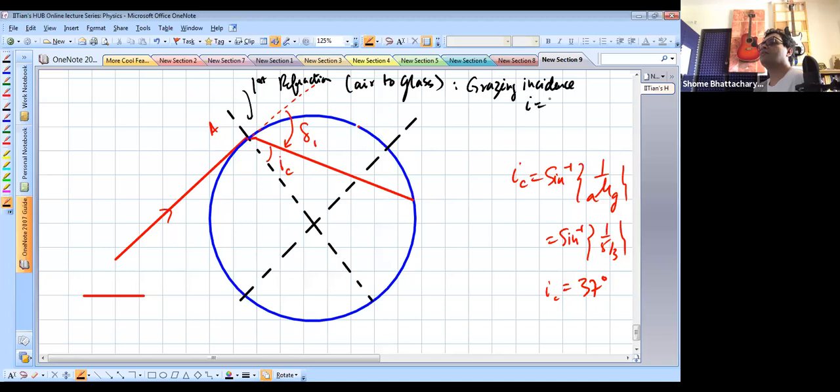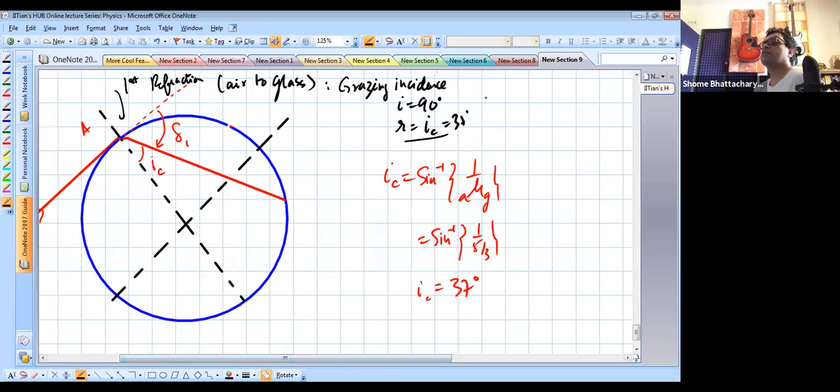So i is equal to 90 degrees, so r is equal to the critical angle. As a result, the deviation that is happening here, delta 1, is 53 degrees and it is clockwise. So keep that in mind.